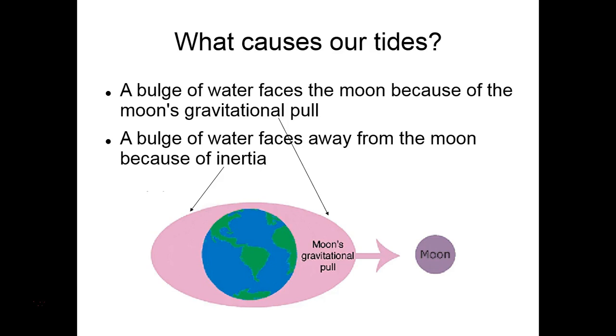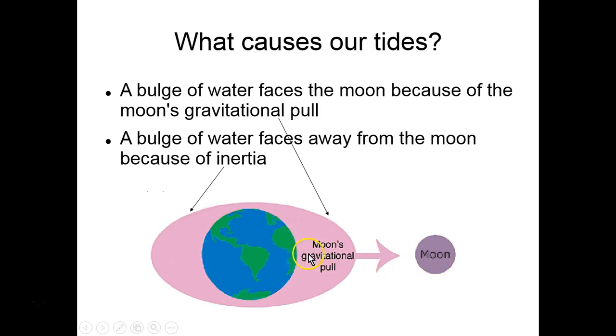Okay, so this is a very simple image that's showing you the Earth with the gravitational pull around it. And you can think of maybe this pink part as being the tide, and here you have the moon.